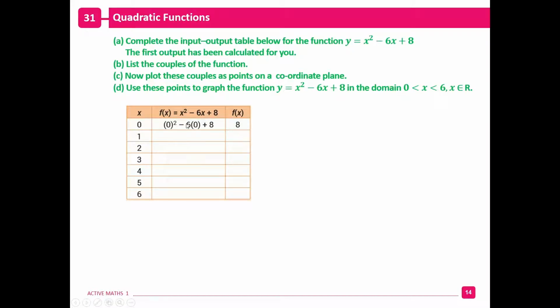So let's check these calculations so we understand where this 8 has come from. We start off by applying our indices. Remember with BIMDAS, when we have more than one sum to do, we've got a square, we've got a minus, we've got multiplication and addition. So we need to do it in the correct order. So in our BIMDAS or BOMDAS or PEMDAS, whichever you have learnt, we know that we apply the squaring first.